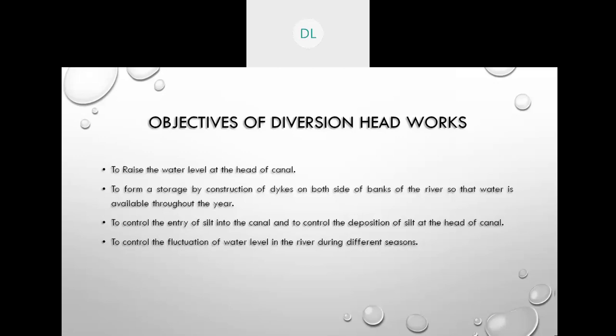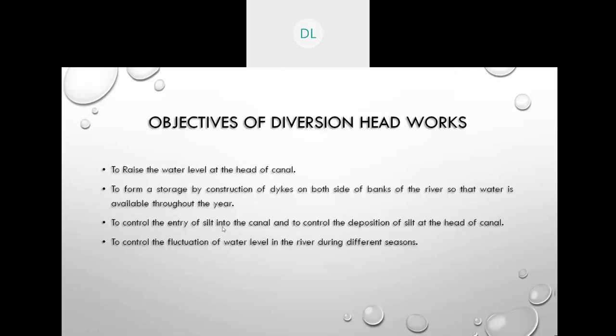So we construct our structure in such a way that the silt in the water of the flowing river is not allowed to enter. If allowed, then only in a very minimal amount, and it should be removed as soon as it enters, and should not go far into the canal system. So control the entry of silt.